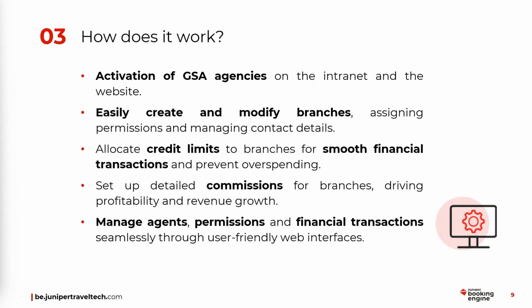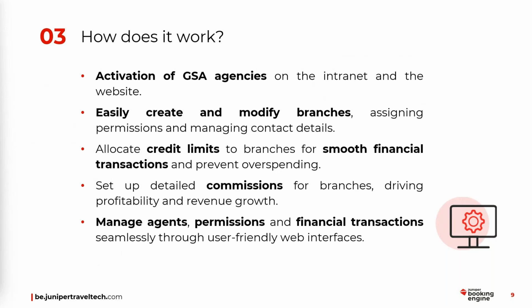The module segments the agencies by establishing a billing hierarchy between the head office and its branches. Each GSA agency has a credit limit that is distributed among all branches, and each agent will make bookings under their assigned branch.